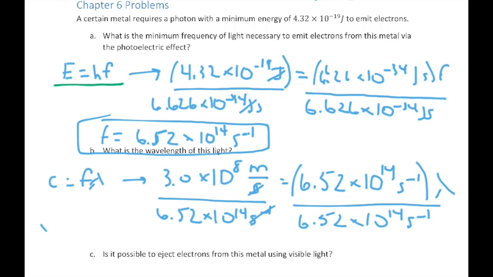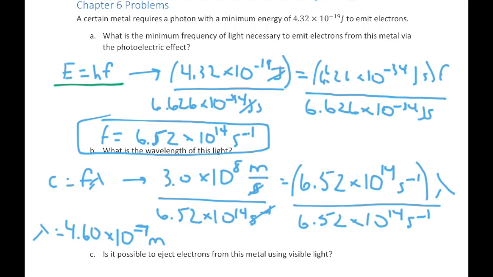So your lambda, your wavelength, is equal to 3.0 times 10 to the 8th divided by 6.52 times 10 to the 14th. And we will get 4.60 times 10 to the negative 7th meters.